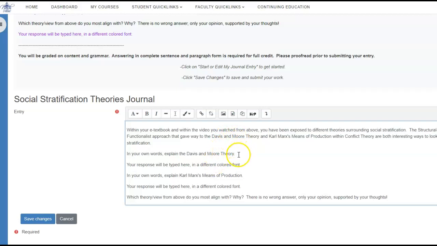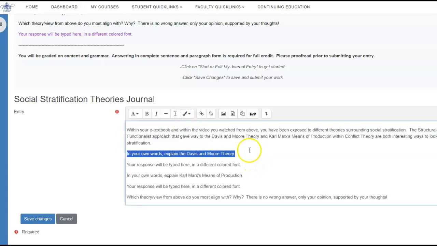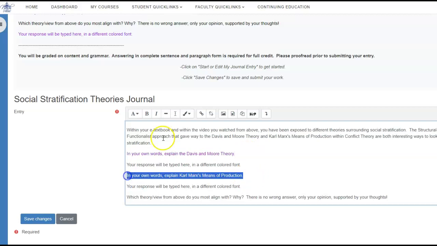When you are answering the questions, please remember that this is paragraph form. This is college-level writing, so I am looking for a complete, full paragraph when you are explaining the Davis and Moore theory to me. I am also looking for a complete college-level paragraph when you are explaining Karl Marx's means of production.